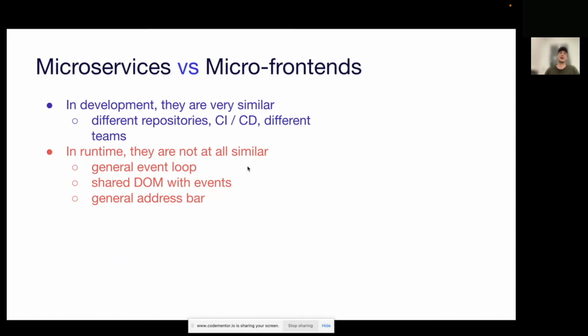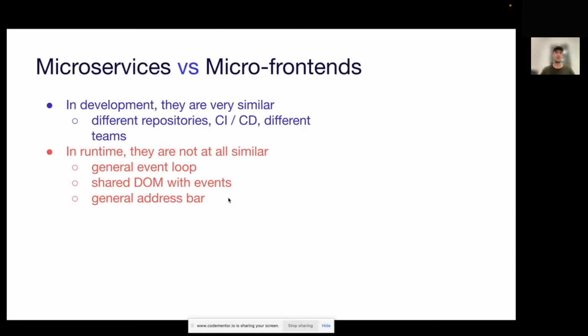But one thing I would like you to understand is that microservices and micro-frontends are not similar at runtime. In development, they are very similar: different repositories or different projects in one repository, related to the CI/CD process, different teams. But at runtime, they are not similar at all, because in the web browser you have one monolithic runtime environment with a general event loop, a shared document object model with events, navigation, and many more global web APIs on the page.